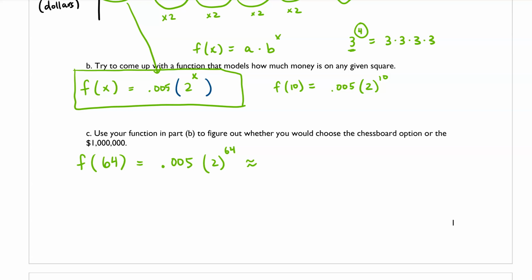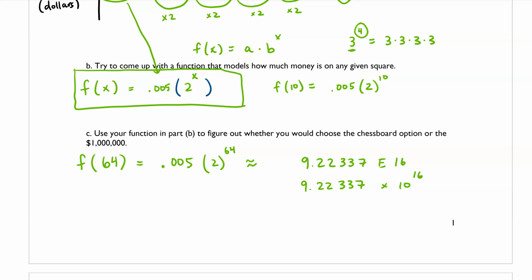All right, so we plugged that into our calculator and we found that that was 9.22337E16. Another way to write that is 9.22337 times 10 to the 16th power, which, if you don't know how multiplying by 10 works, every time you multiply by 10, you move the decimal point to the right one space.